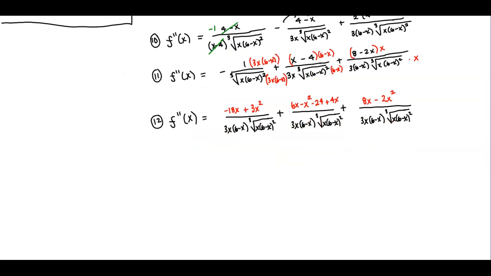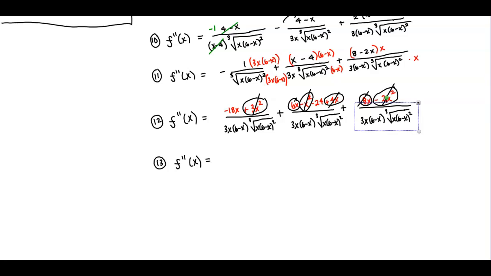Okay, so now we can combine like terms. What can we combine? Well, we have a positive 3x squared, a minus x squared, and then a minus 2x squared. What happens there is that it all eliminates. Then we have 6x plus 4x, which is 10x, plus 8x is 18x.